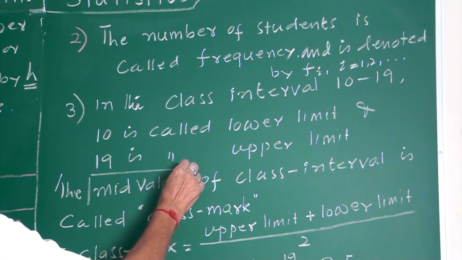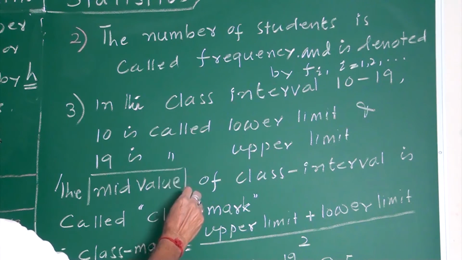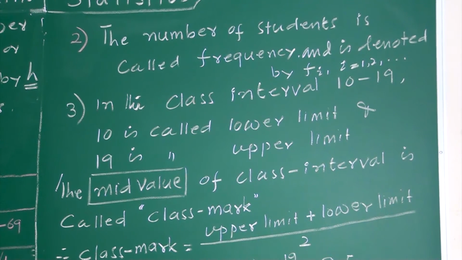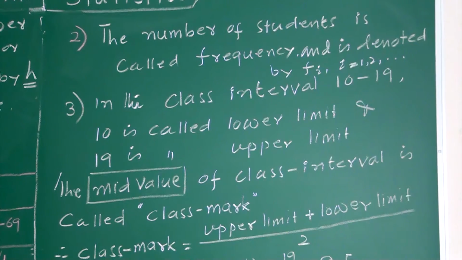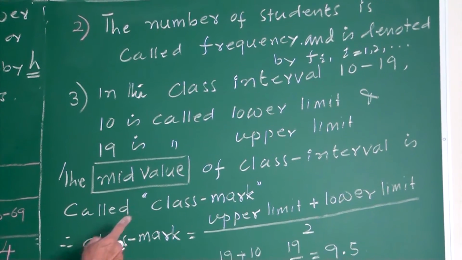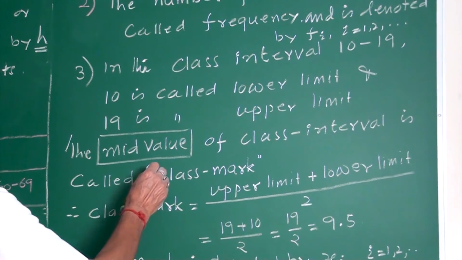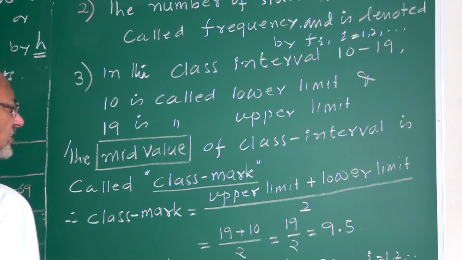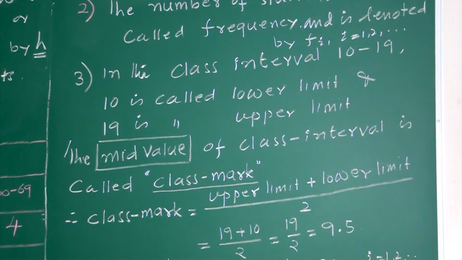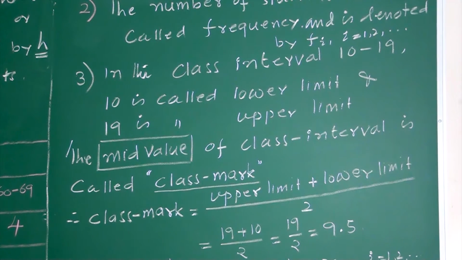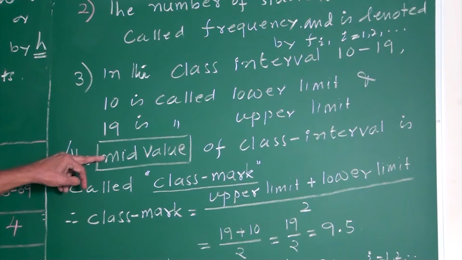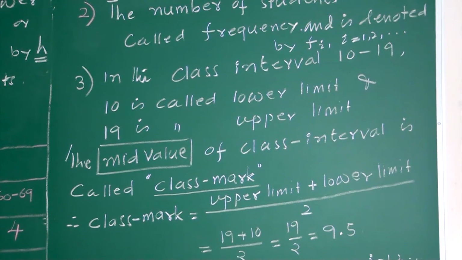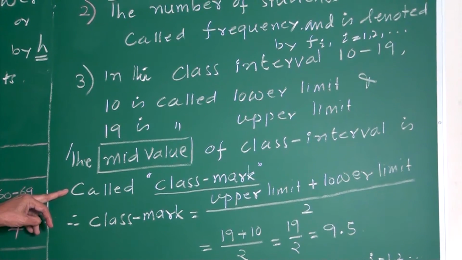The mid value of the class interval, say 10 to 19, is called the class mark. You must know all these, my friends. That is why I am taking one full class for all these basics.